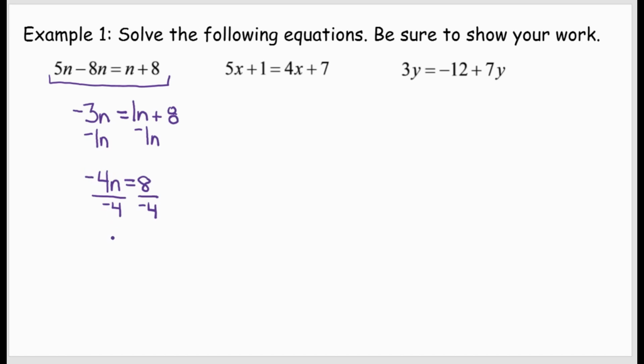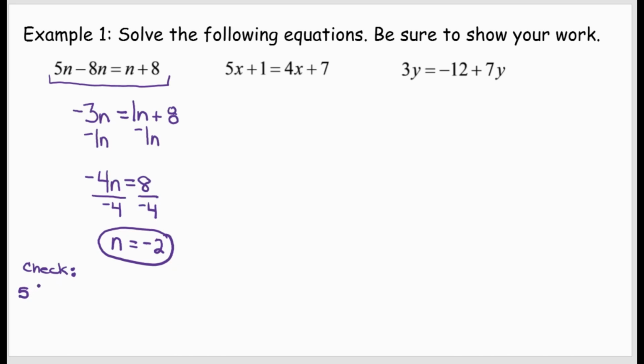Okay, this cancels out so that I have a positive n equals 8 divided by negative 4 is negative 2. And remember, you can go back to your calculator and check your answer. So you can substitute in and see if your left side equals your right side. Okay, I'll just do a check on this one just to show you how it works.